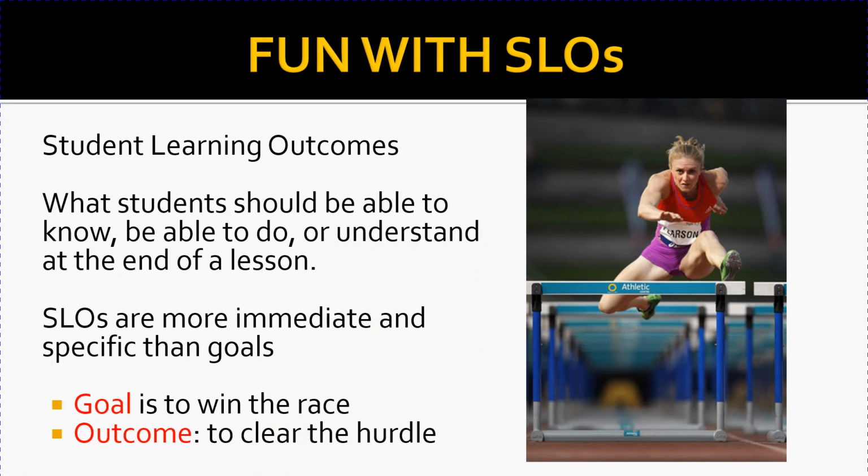So, an SLO is a student learning outcome. Now, outcomes are more immediate. So if you're thinking about a goal, especially a long-range goal, what that means is you want to, say, win a race. But in order to do that, maybe you've got to clear a hurdle that's right in front of you.